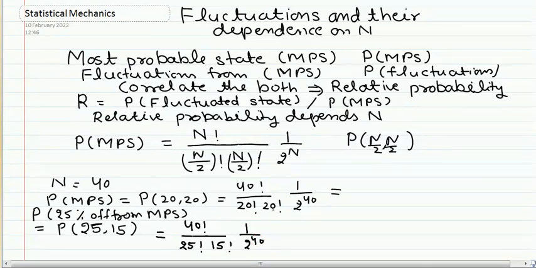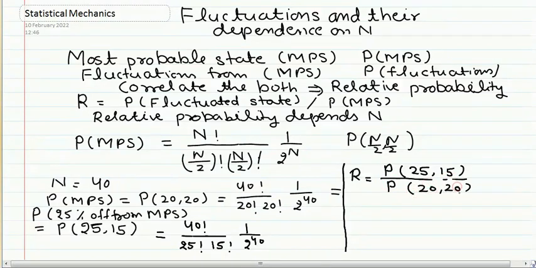Now let us calculate the relative probability for this example. The relative probability is the distribution which is 25% off, that is 25 and 15, divided by the most probable distribution, that is 20-20. When we divide these two, many things get cancelled and the result is 0.3.